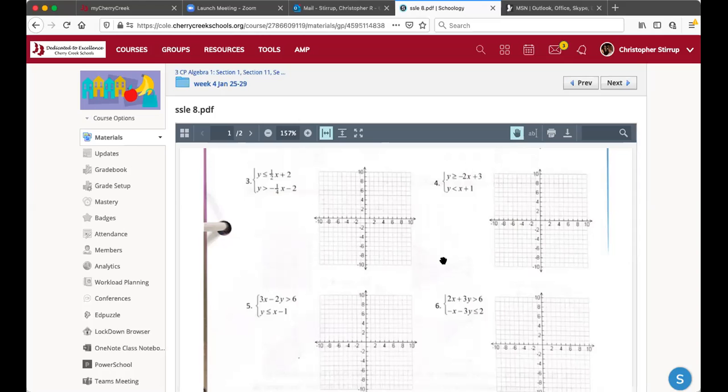Is anybody ready to go on the next page? Is anyone not ready? Any questions on 3, 5, or 6? We good?